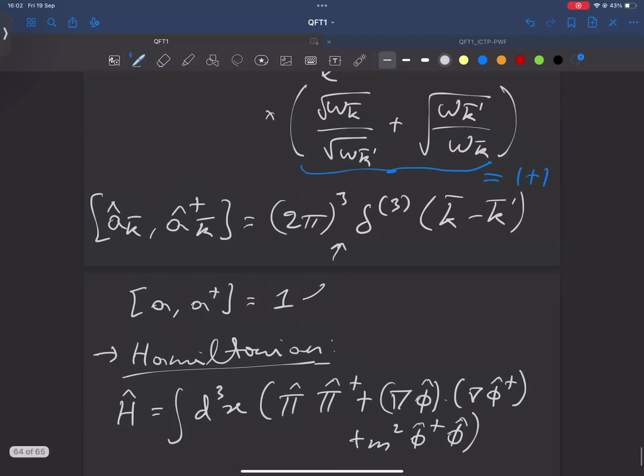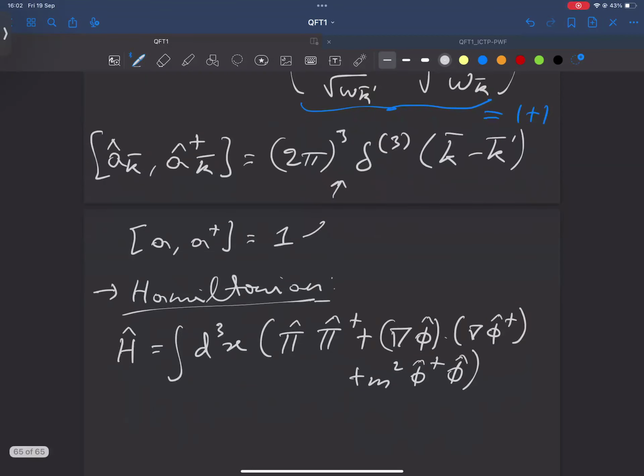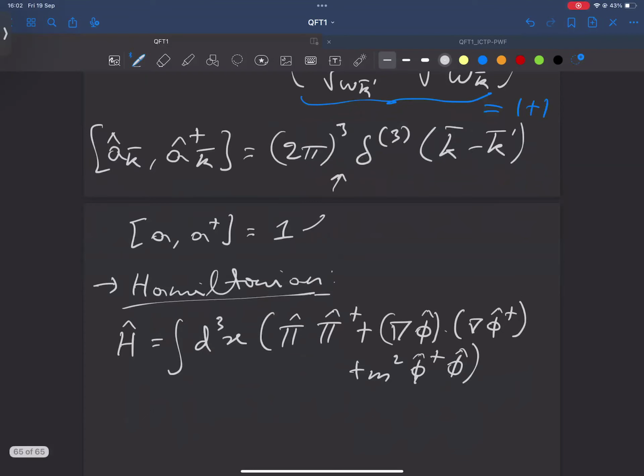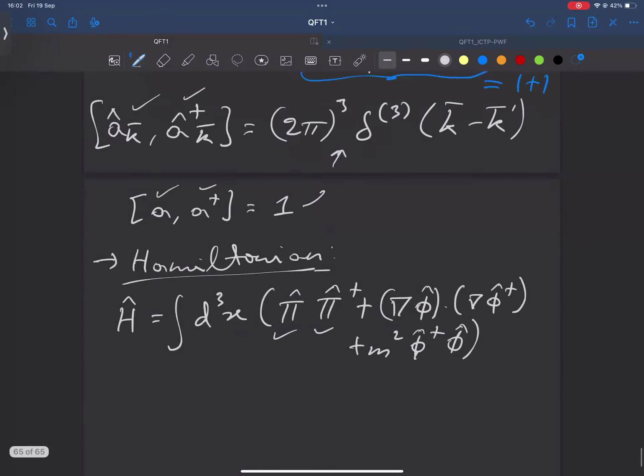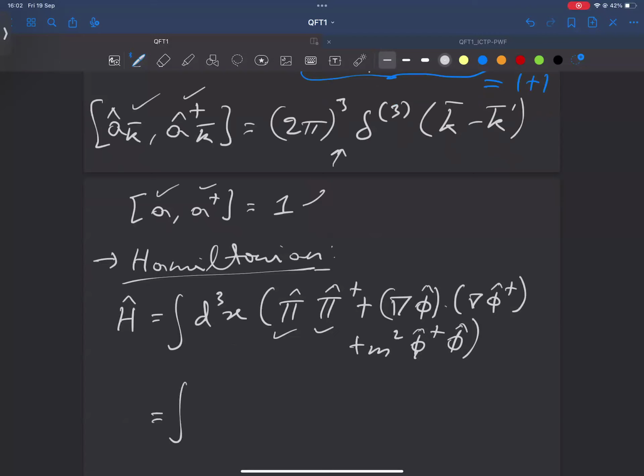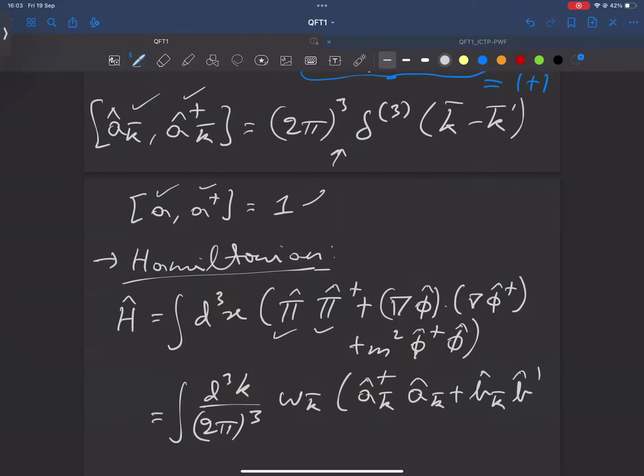Now because you know all of these pi's in terms of these operators a and a dagger, you use these commutations and you can show that you can write this in momentum space as like this: A k dagger A and B hat k, B dagger k.